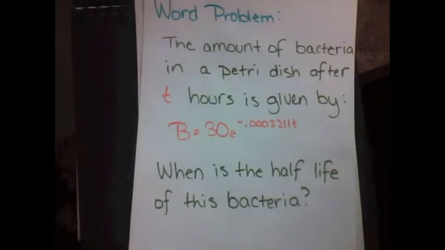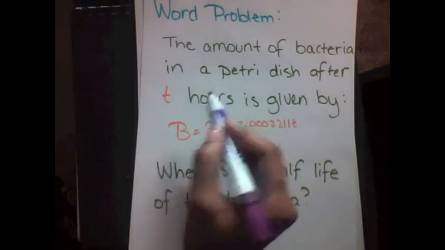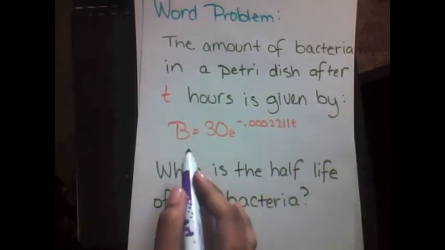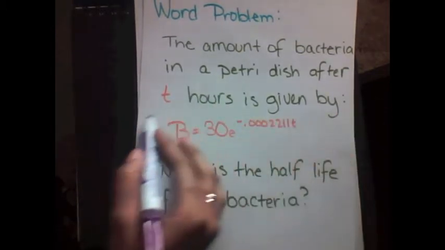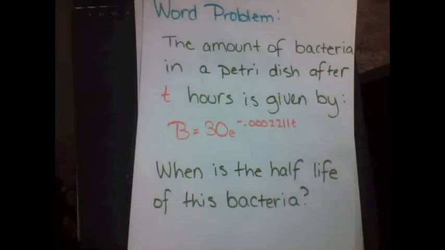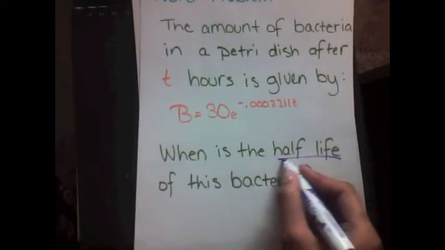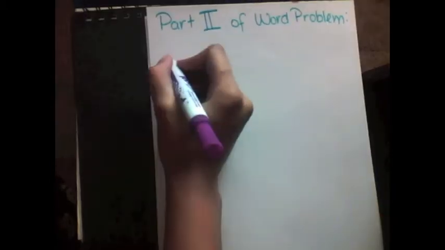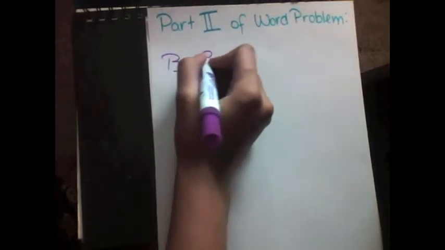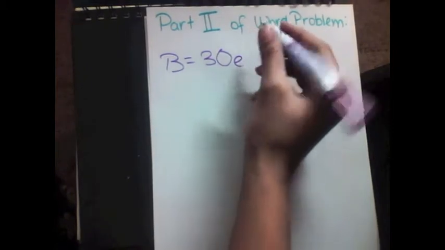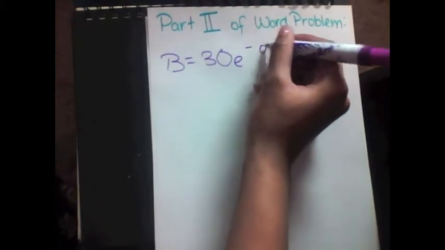Voila. So I'm going to read you the word problem. Well, actually, you can read it on your own because you see it already. This is the equation that we have to use to find the half-life of the bacteria that we're talking about. I'm going to rewrite it so we can see.